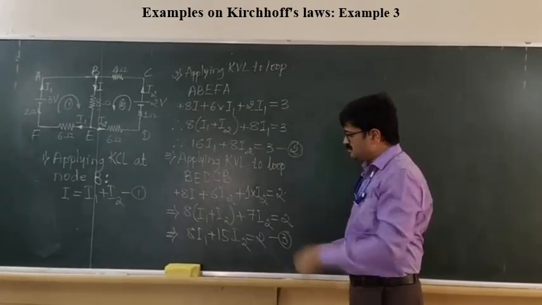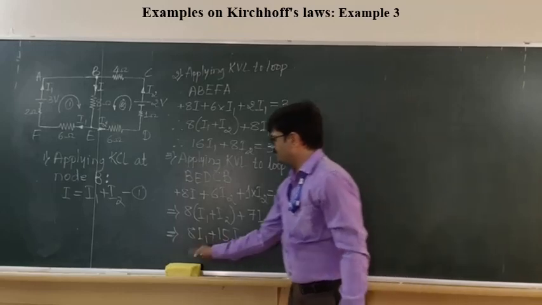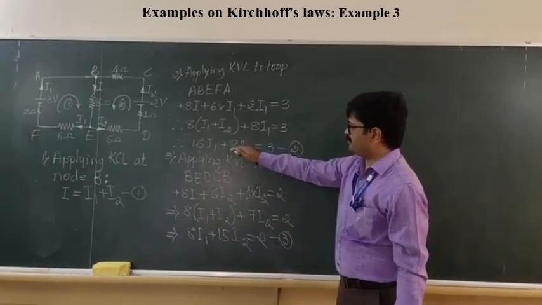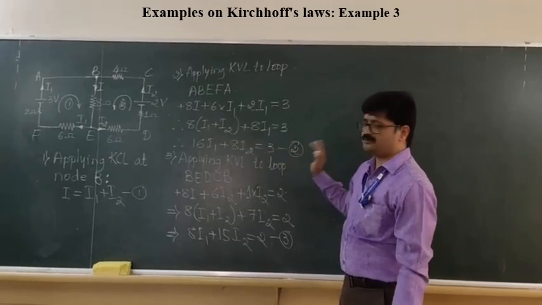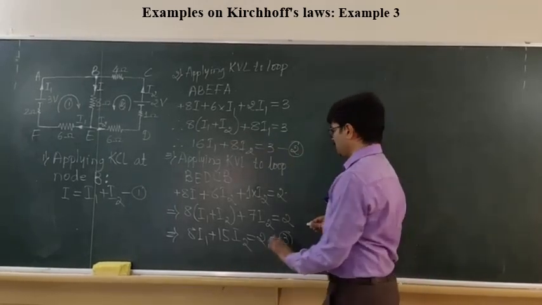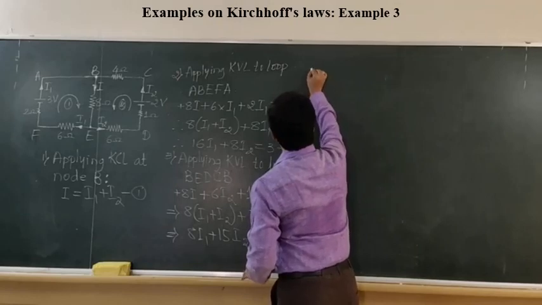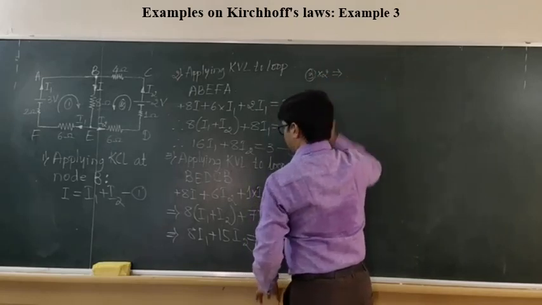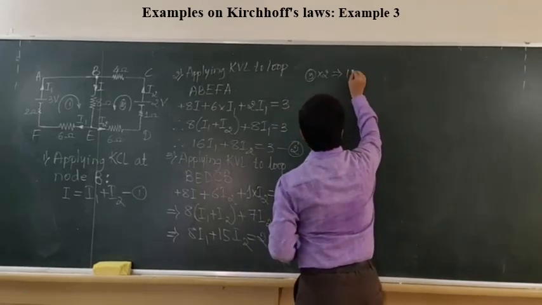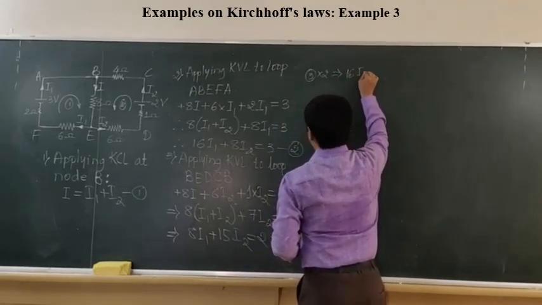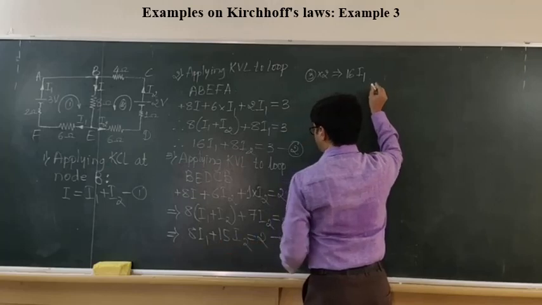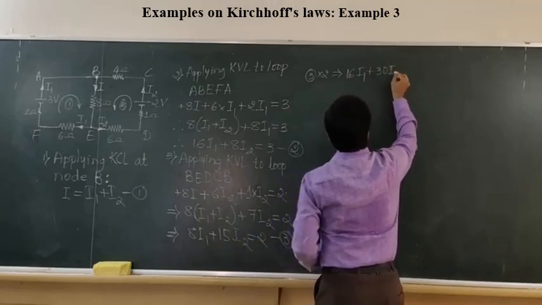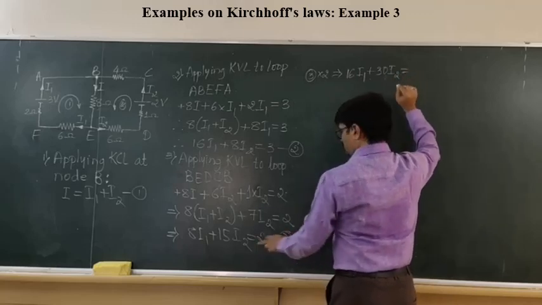Now what I will do is I will multiply equation 3 by 2. Then I will subtract it from equation 2. So I will say equation 3 multiplied by 2. That should give us 16I1 plus 15 twos are 30I2 is equal to 2 twos are 4.